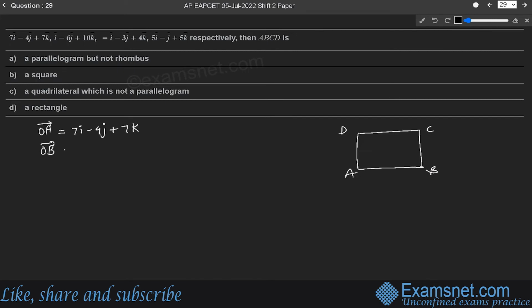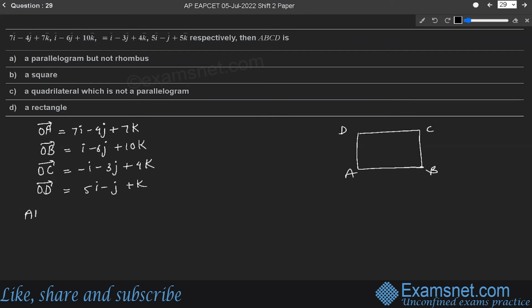OB vector is equal to i minus 6j plus 10k. OC vector is equal to minus i minus 3j plus 4k. And OD vector is equal to 5i minus j plus k.